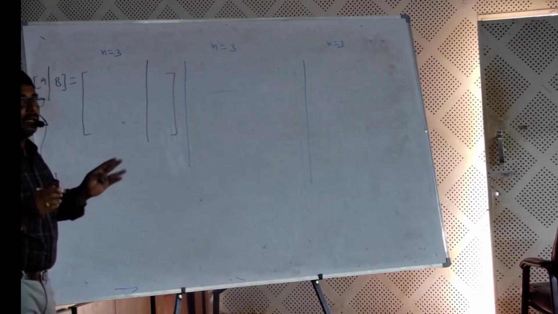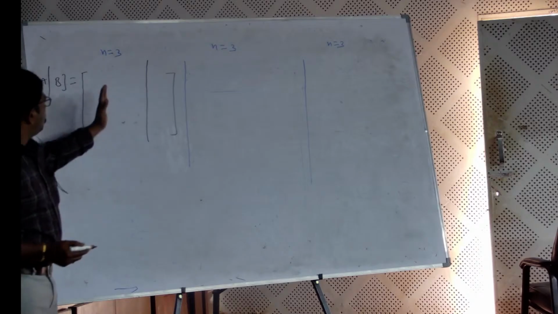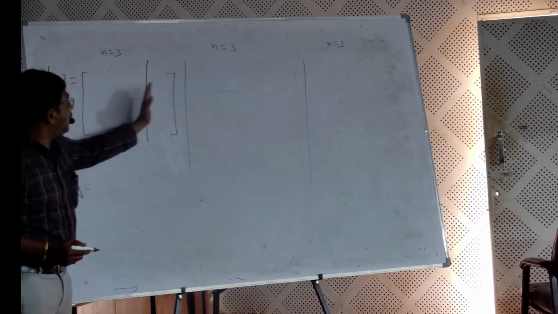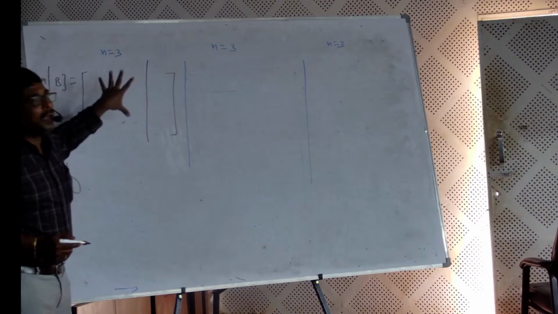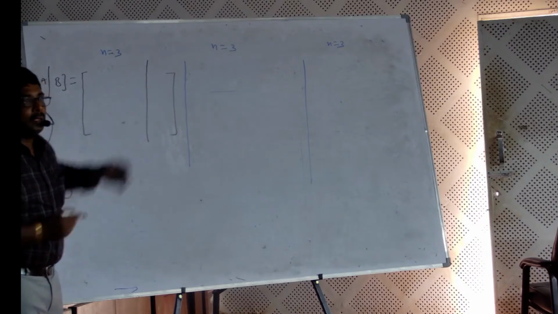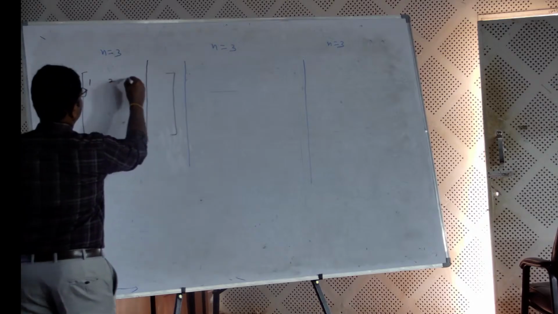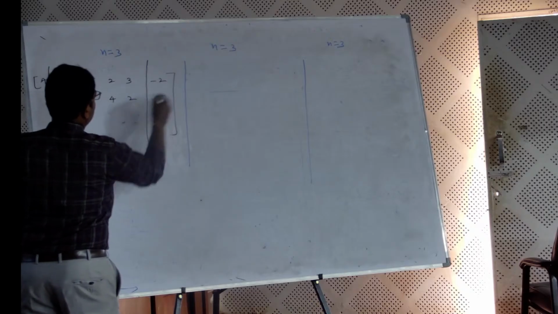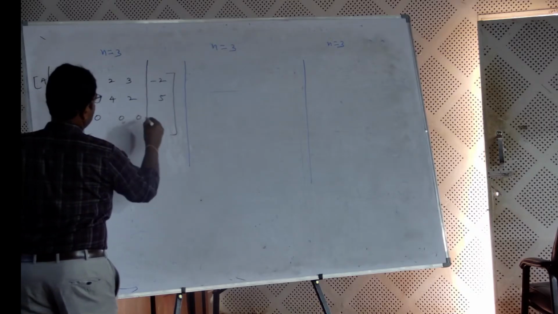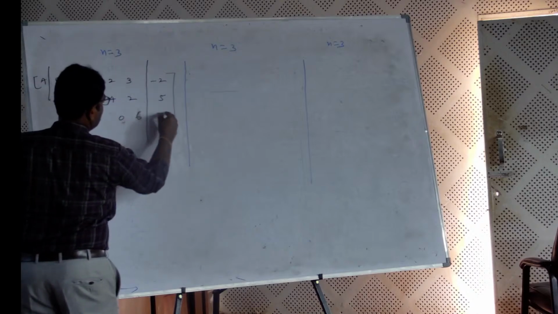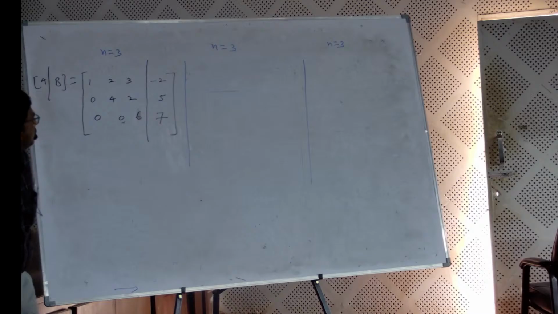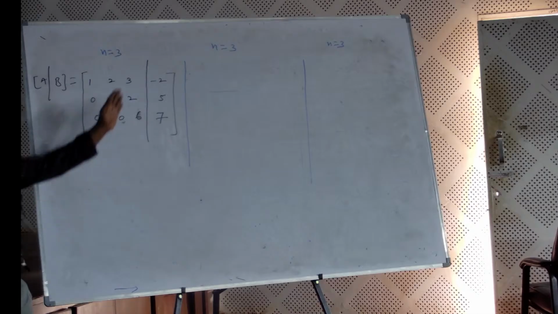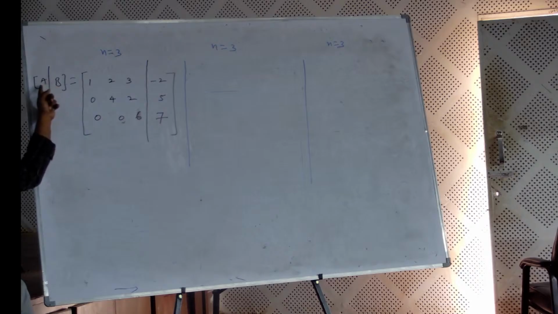This line will separate A and B. Here I will write A. Here I will write B. Totally A by B. Before this vertical line, what is the matrix?